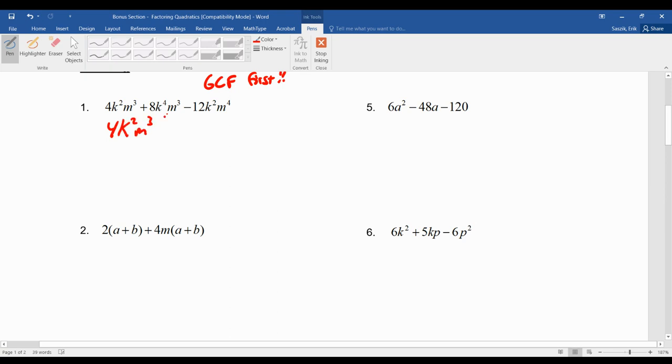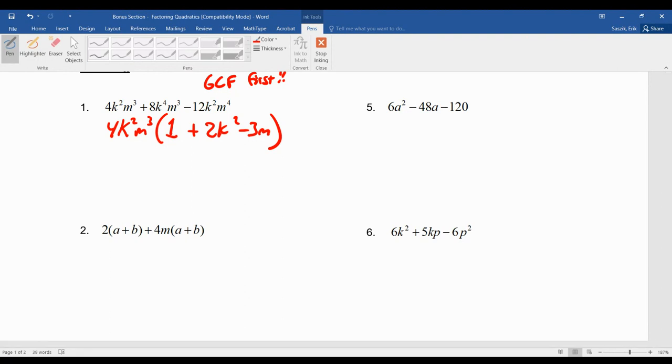There's at least m to the third. So what does that leave here? Well, it leaves nothing, but you don't leave it blank. 4k squared m to the third times 1 would give you this. This, of course, would be 2k squared. And this, sorry, that should be a minus. This should be minus 3m. That's just GCF stuff. If you want to mess with 2, 3, and 4, you can. You can check my solutions later on. They'll be posted as well.